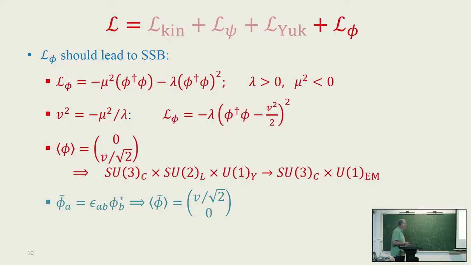So it's not by chance that this remaining U(1) has the properties of electromagnetism. And this is just what I said before. This tilde signifies conjugate, so the opposite quantum numbers, and there is an exchange of upper and lower components. Since this is real, the vacuum expectation value of phi tilde has the v in the upper component, because this epsilon alpha beta exchanges the upper and lower.